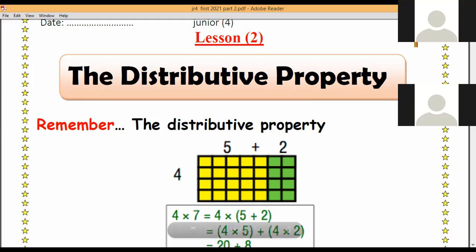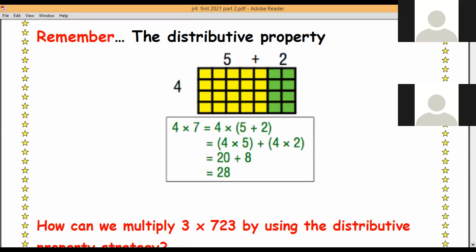So here I have 4 times 7. I'm gonna break this 7, so it will be 5 plus 2.